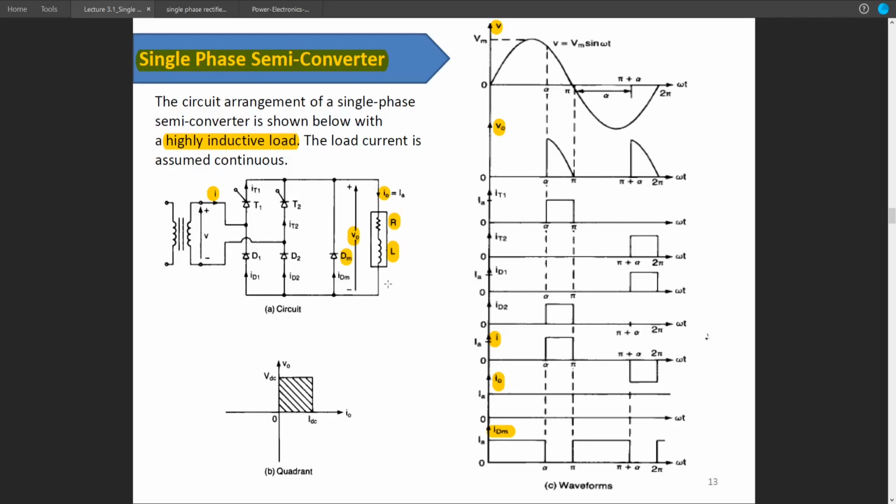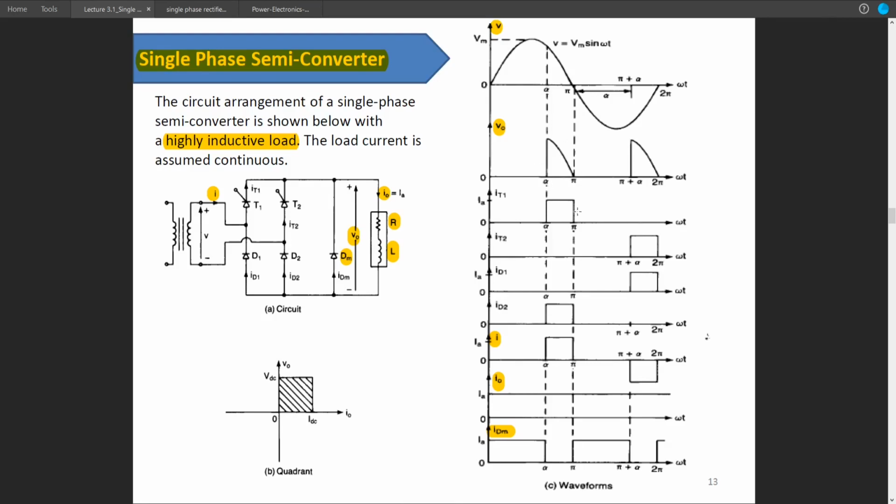As the output is highly inductive, the output current will be continuous. So T1 and D2 will be turned on from alpha to pi, and T2 and D1 will be turned on from pi plus alpha to twice pi. They will be turned on for the same duration of the output voltage.